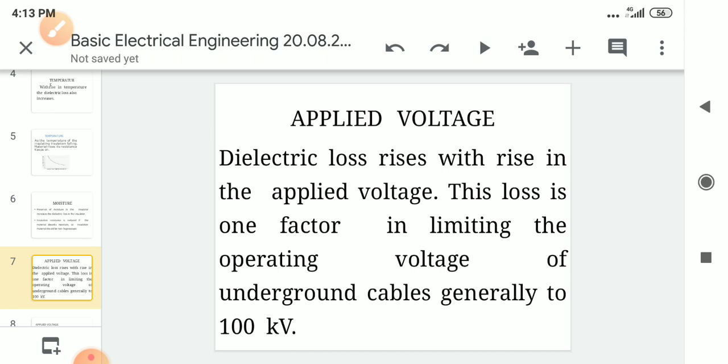So it is very important to consider its dielectric loss. This dielectric loss increases with increase in applied voltage. That's why in underground cable we maintain the operating voltage up to 100 kV only. Beyond 100 kV, we are unable to maintain that high level of insulation.